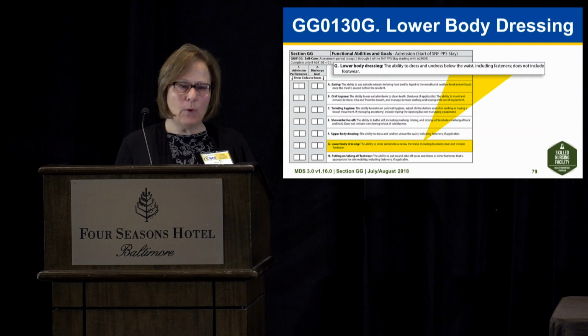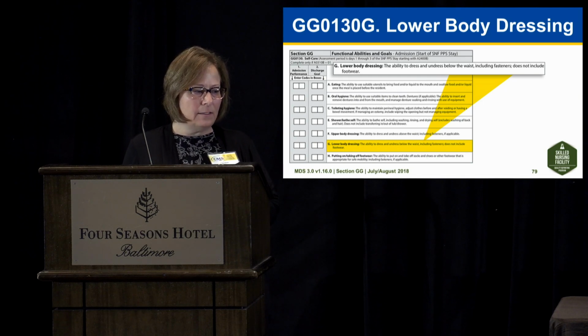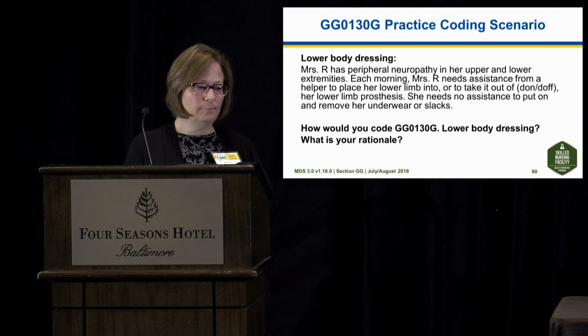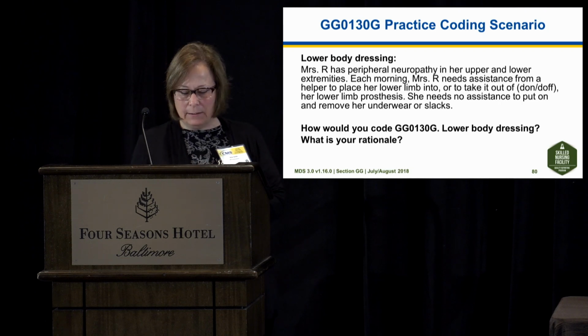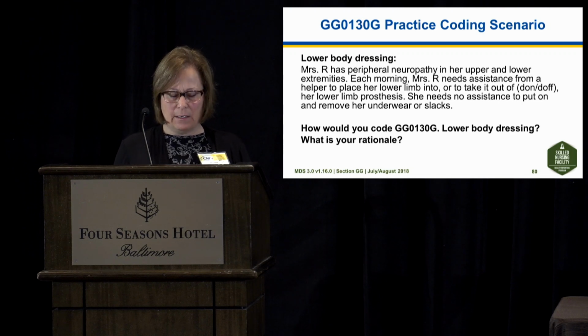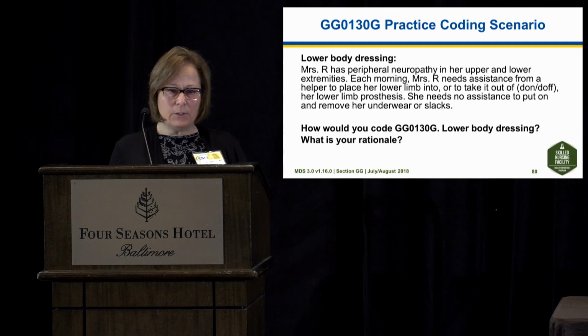Now let's talk about lower body dressing. Lower body dressing is the ability to dress and undress below the waist, including fasteners, and does not include footwear. So for lower body dressing, that might include a knee brace, an elastic bandage, a lower extremity stump sock or shrinker, a lower limb prosthesis, and for lower body dressing, pieces of clothing are pretty obvious, but let's review.